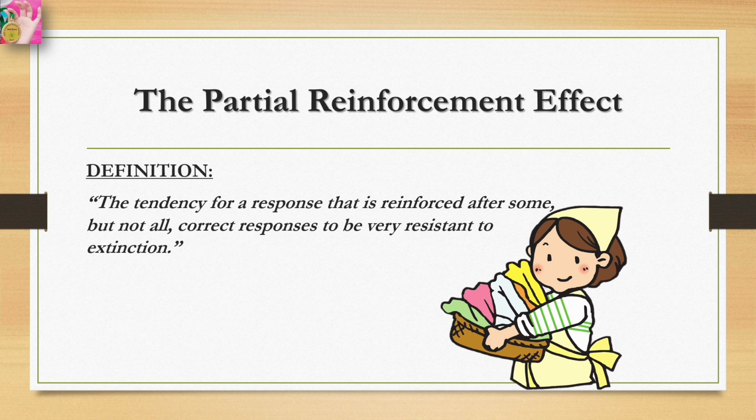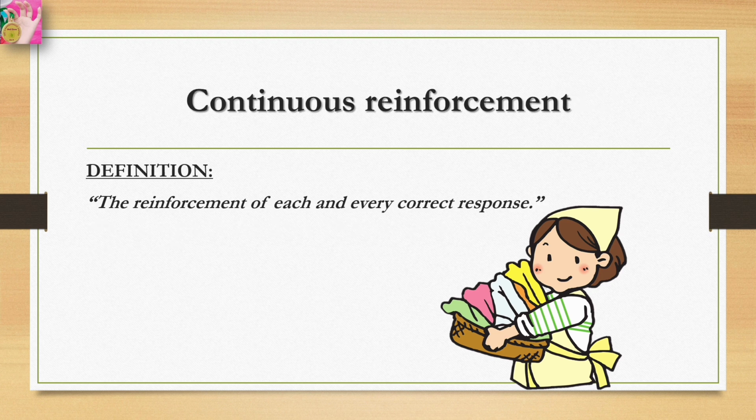The partial reinforcement effect is the tendency for a response that is reinforced after some, but not all, correct responses to be very resistant to extinction, more than a response that receives continuous reinforcement.